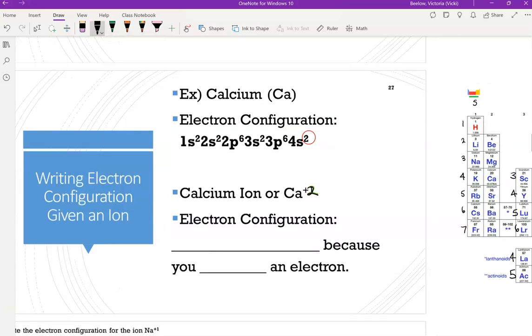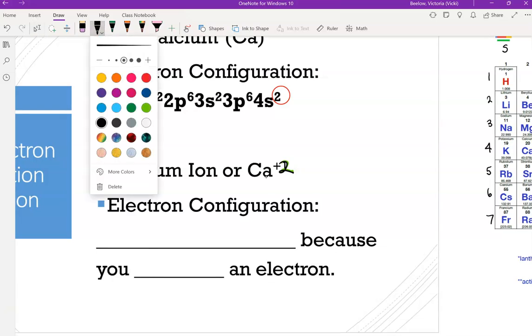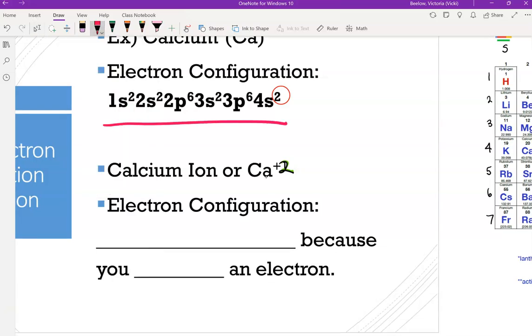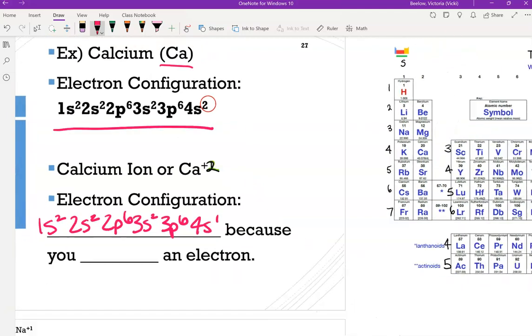Okay. So again, here is the normal electron configuration for calcium: 1s2, 2s2, 2p6, 3s2, 3p6, 4s2.